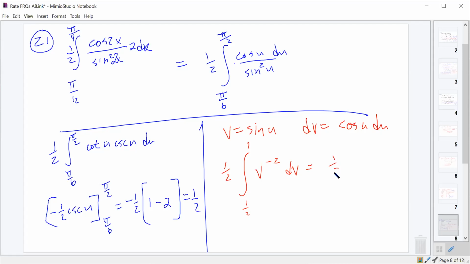So we'd have the 1/2 negative 1 over v from 1/2 to 1, which would be 1/2 of negative 1 minus a negative 1 over 1/2, which would be minus negative 2, which would be plus 2. And that gives you 1 times 1/2. So either way, you get the same answer.